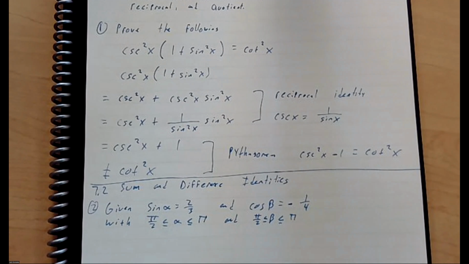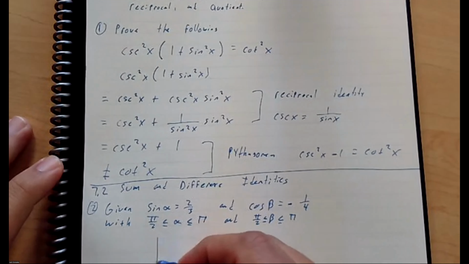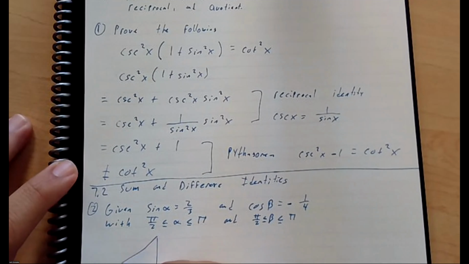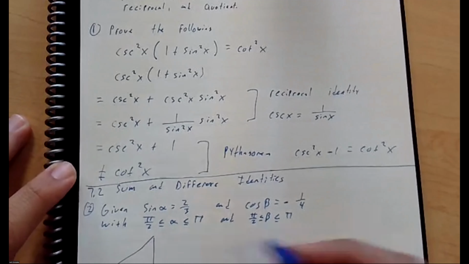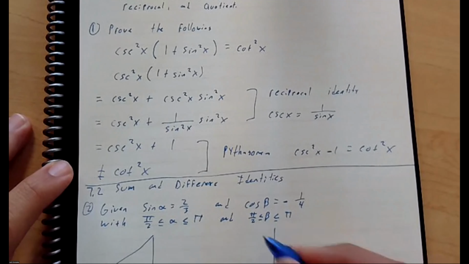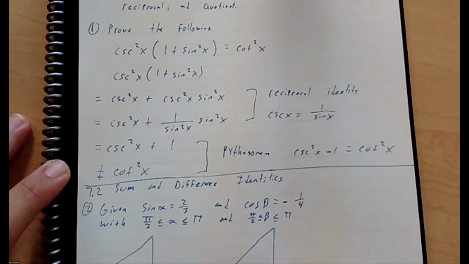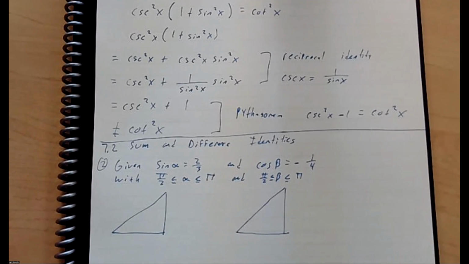So what quadrant is that? The pi/2 to pi is quadrant 2, right?